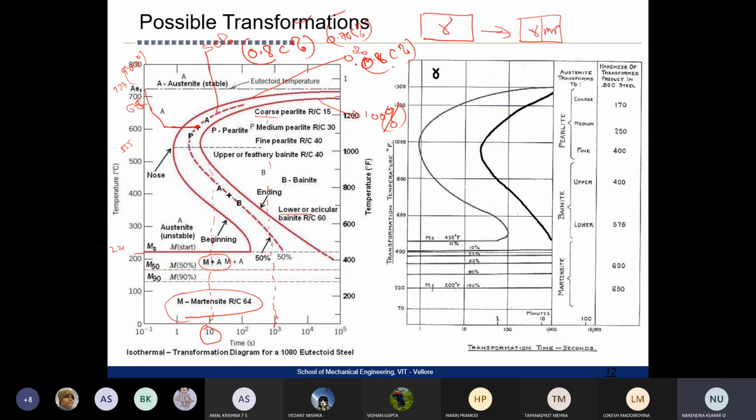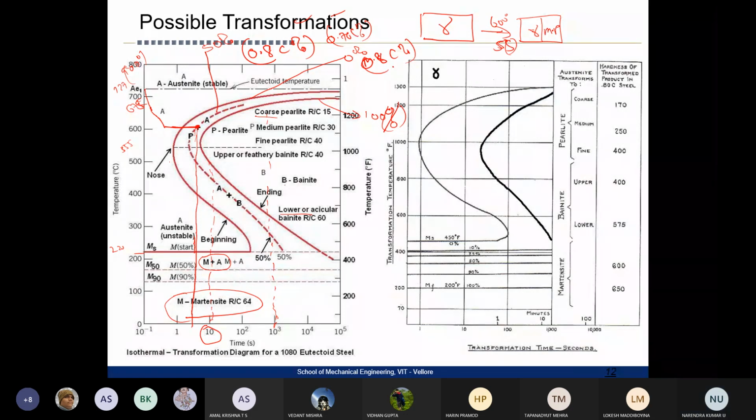This is done at a temperature around, say, 600 degrees Celsius, and for the time duration, you have to draw a straight line and see how many seconds you are keeping it there. So maybe 5 seconds. You have kept it 5 seconds, and then you converted 50% into medium perlite, and the remaining is still austenite.